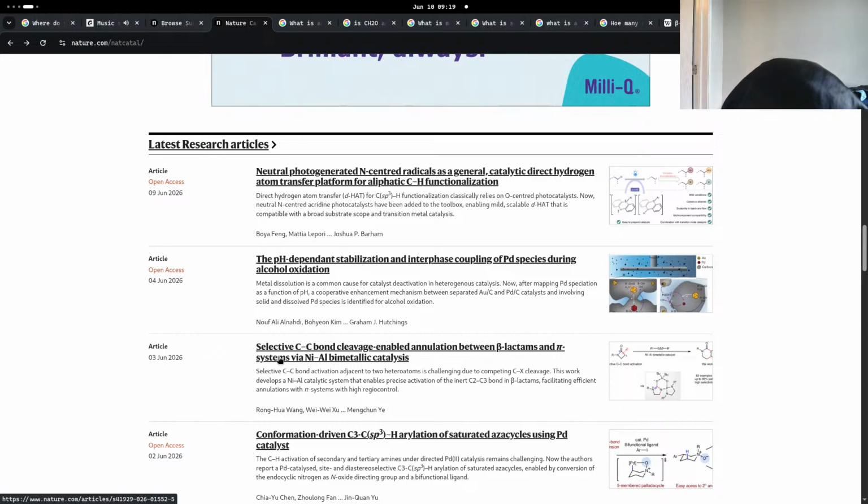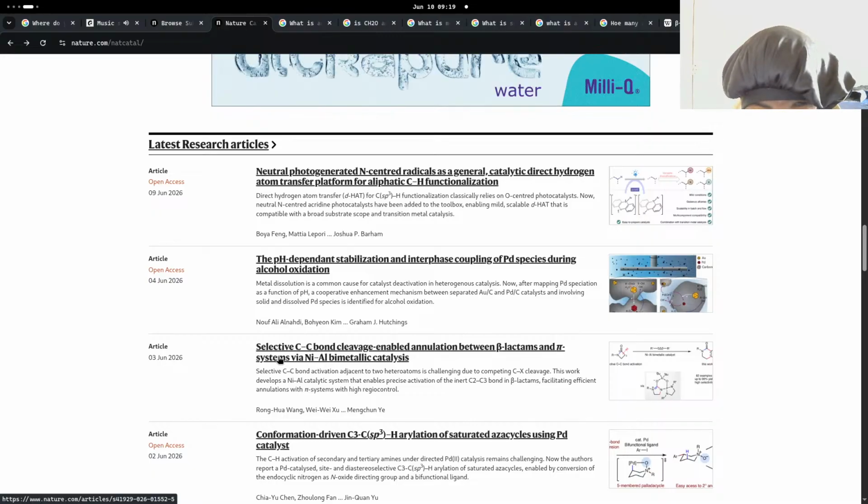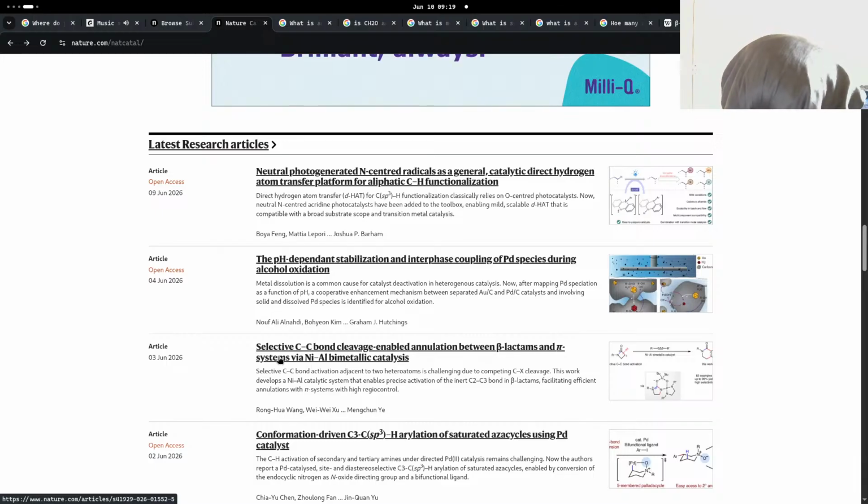So from Nature Catalysis: Neutral photogenerated nitrogen-centered radicals as a general catalytic direct hydrogen atom transfer platform for aliphatic C-H functionalization.